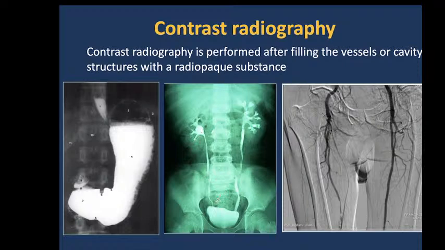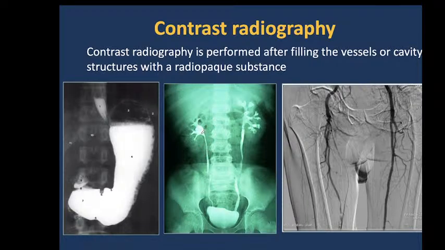Another way, we can inject contrasting substances into the blood vessels, and some of this radio contrast fluid is evacuated from the body by the organs of the urinary system.